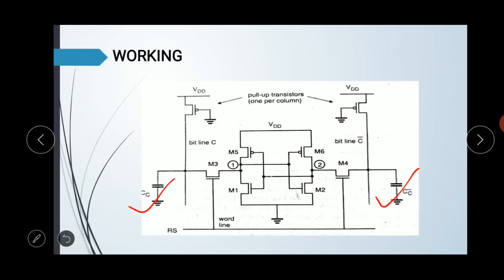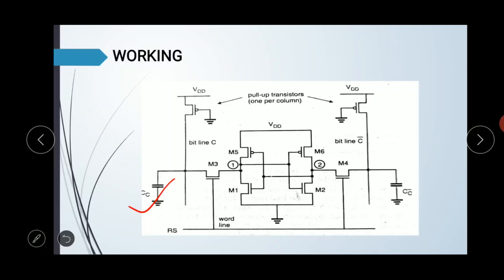M3 and M4 are known as access transistors, and these outputs are connected to access transistors for read and write. Which outputs?